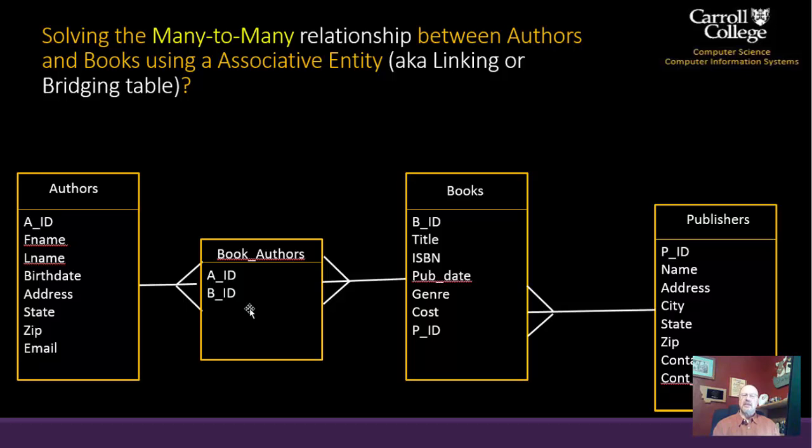The author that was collaborated with will also have that same book listed. So you can consider that a many-to-many relationship. This is just the mechanics of solving that many-to-many relationship between authors and books, or between orders and inventory. It's the same process throughout.